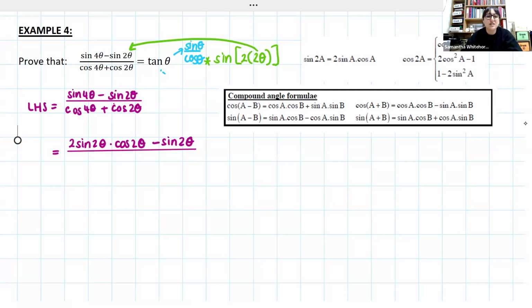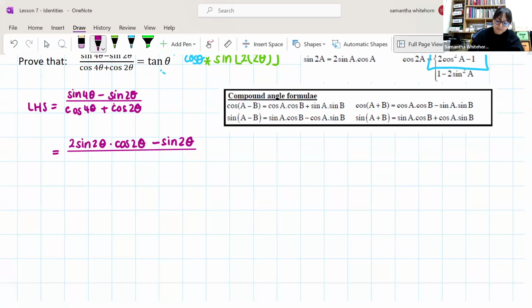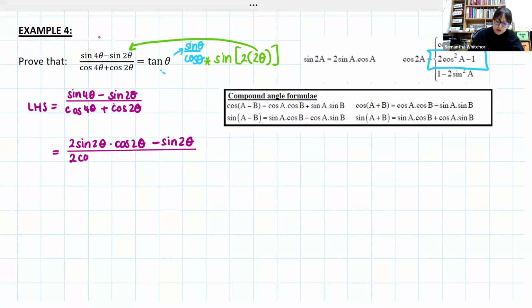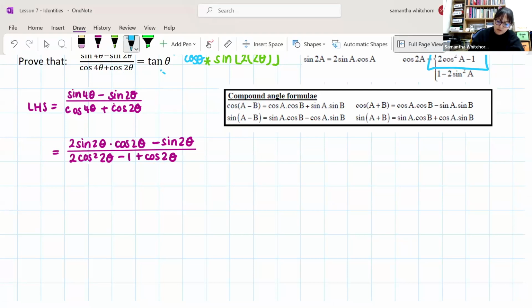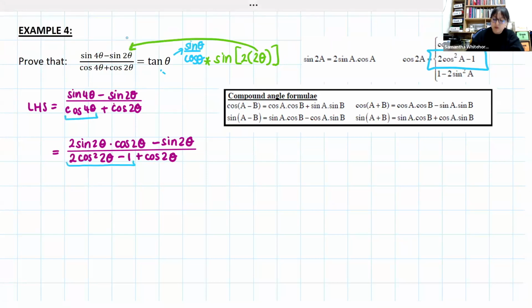Because if I introduce a sine squared, I'm creating more chaos for myself. The only one that deals with cos only is the 2 cos squared a minus 1. So that's the double angle I'm going to go for here. So 2 cos squared 2 theta minus 1 plus cos 2 theta. So just remember that double angle for the cos 4 theta, that's what I've applied over there.